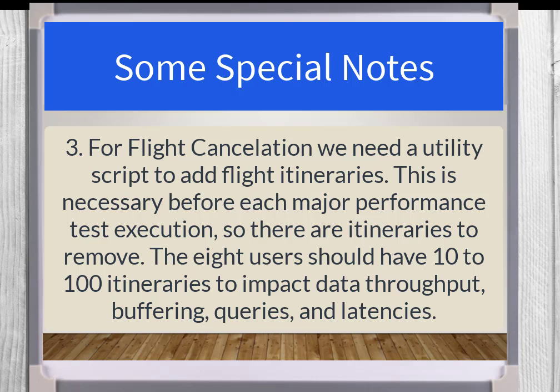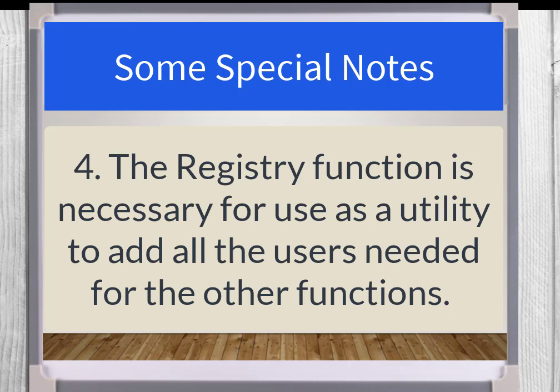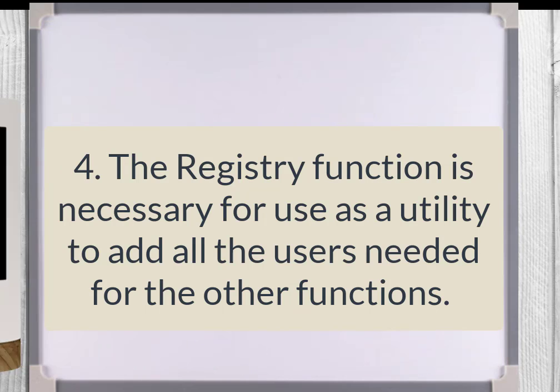The 8 users should have 10 to 100 itineraries to impact data throughput, buffering, queries, and latencies. And then number 4, the registry function is necessary for use as a utility to add all the users needed for the other functions.